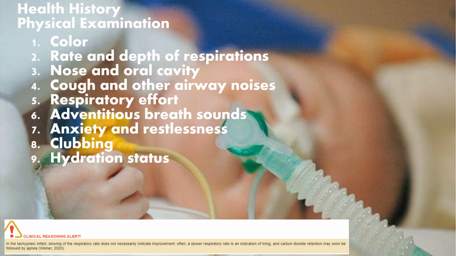Then we want to talk about the history of present illness. When did the symptoms start, how it progressed, and what treatments might already have been done. So when we ask questions about when the symptoms started, we want to ask about the less severe symptomatology that we might see, like the little runny nose, a little dry cough.